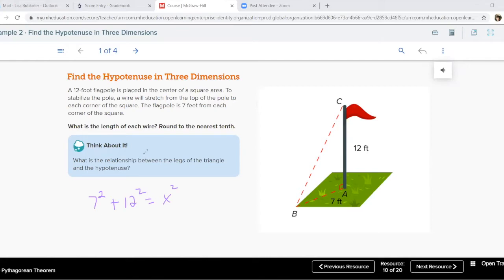So 7 squared is 49 plus 12 squared is 144 equals x squared. So 49 plus 144 is 193.